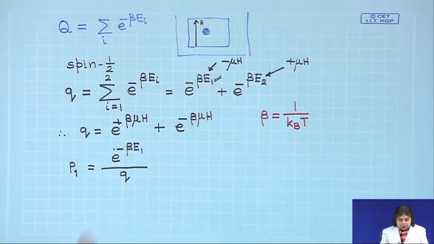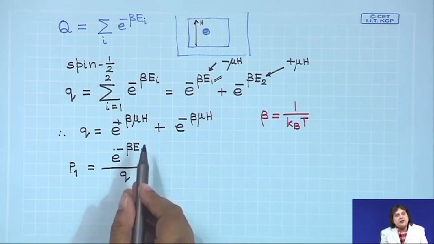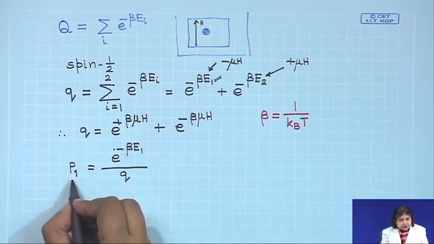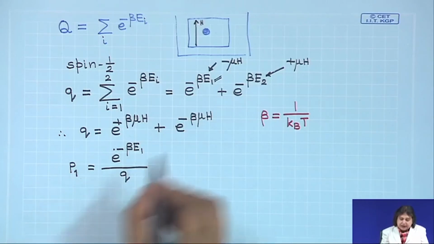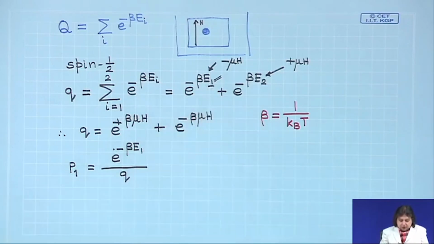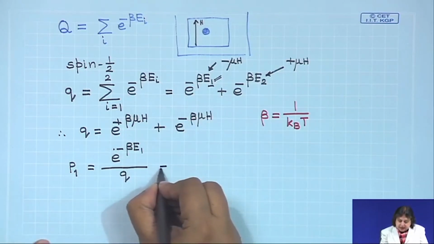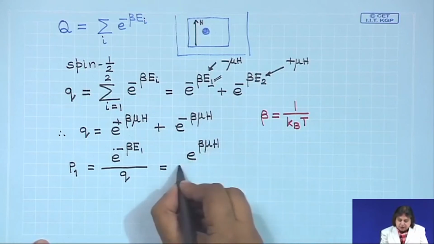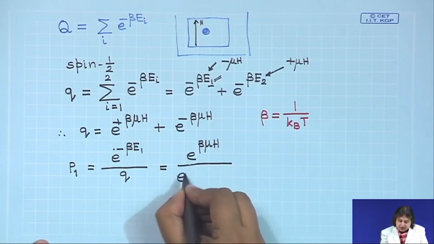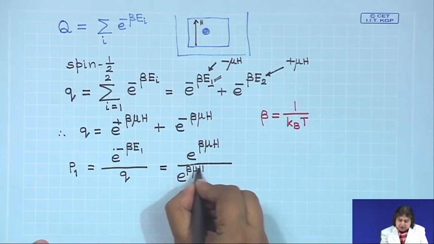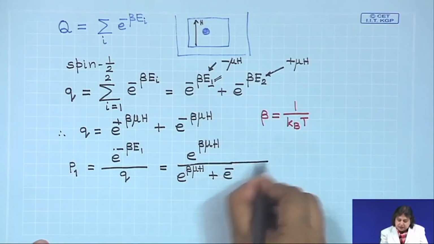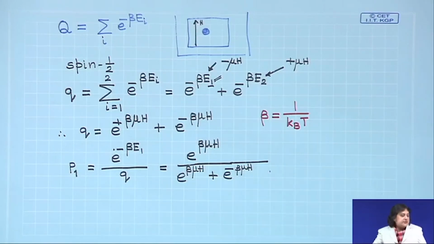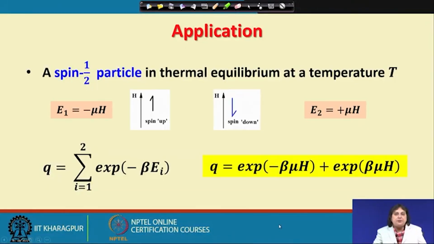By definition, P_i is e to the power of minus beta E_i divided by q. Here my up spin corresponds to the index 1, and therefore I write it like this. Writing it explicitly, this is equal to e to the power of beta mu h divided by e to the power of beta mu h plus e to the power of minus beta mu h. Clear? So, that is the result that we have put up here.